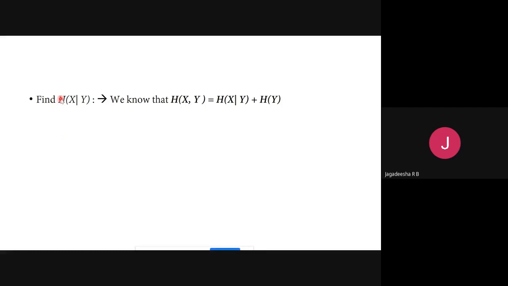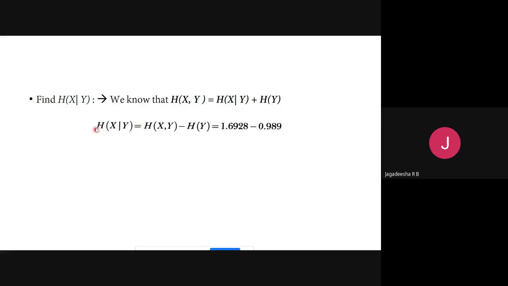Right now we have another entropy, that is for the input, the conditional entropy of the input. So for that we know this equation, that is joint entropy of the input and output is equal to the conditional entropy of the input plus the entropy of the output, right? It is similar to the previous equation where we found H of Y given X, right? Okay.